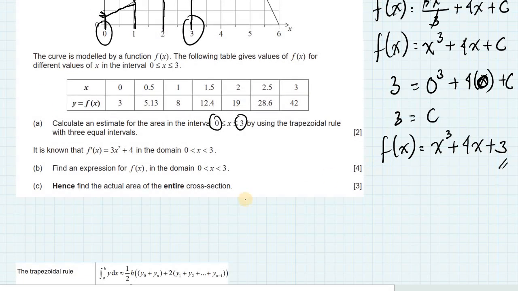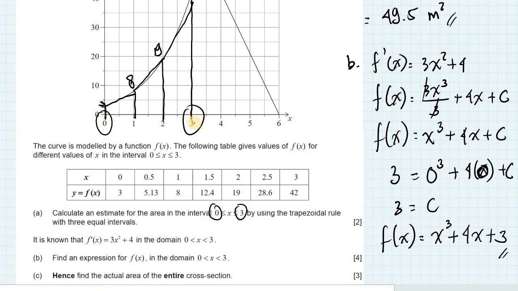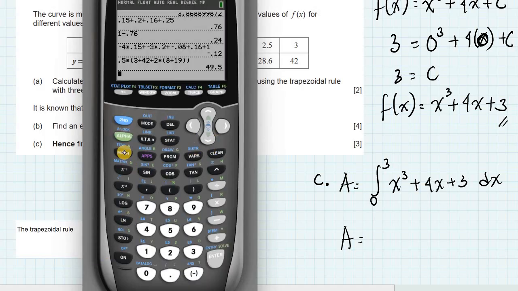Question C. Hence, find the actual area of the entire cross-section. The area is equal to an integral. If it is the actual area, we use the integral from 0 until 3 of x to the power of 3 plus 4x plus 3 dx. You can calculate this manually, but we have a calculator with us, so let's use that.